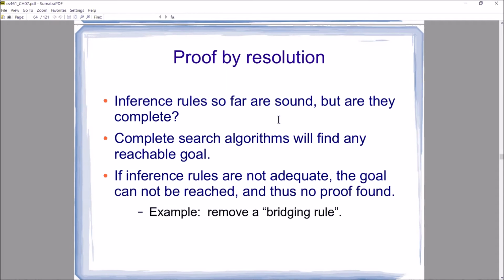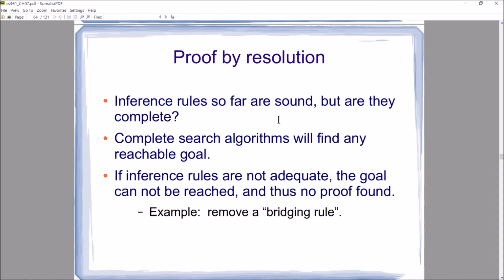For example, if you were to remove the ability to do biconditional elimination, our previous proof that I showed you on the whiteboard would fail, because the chain of conclusions included using a substitution, which was that biconditional elimination.